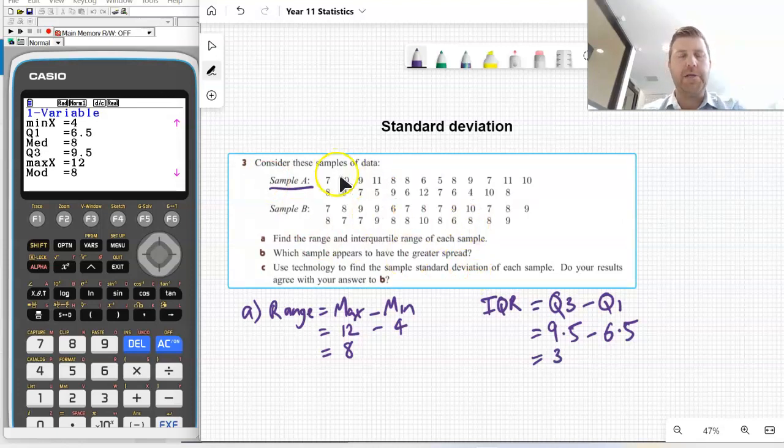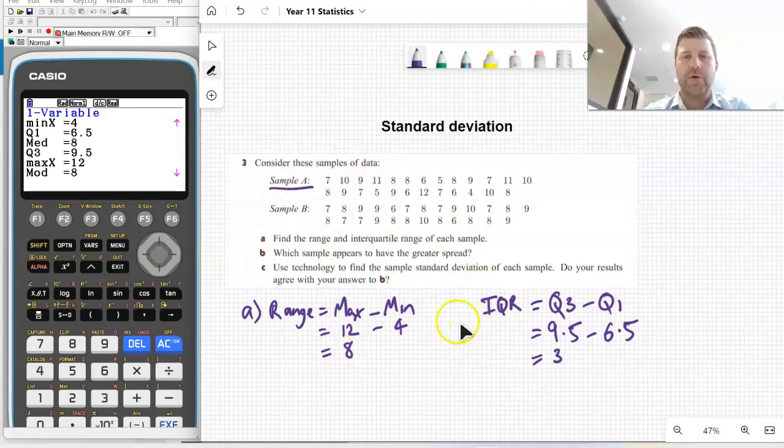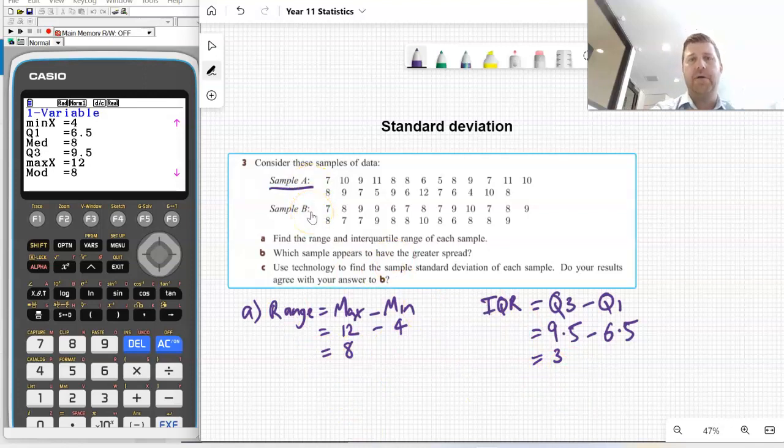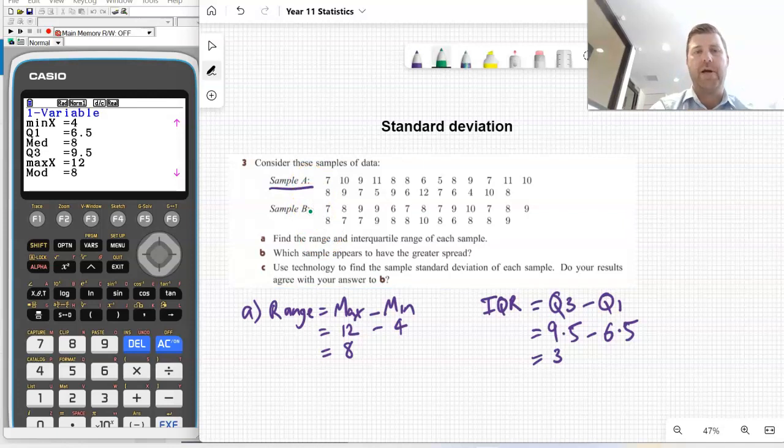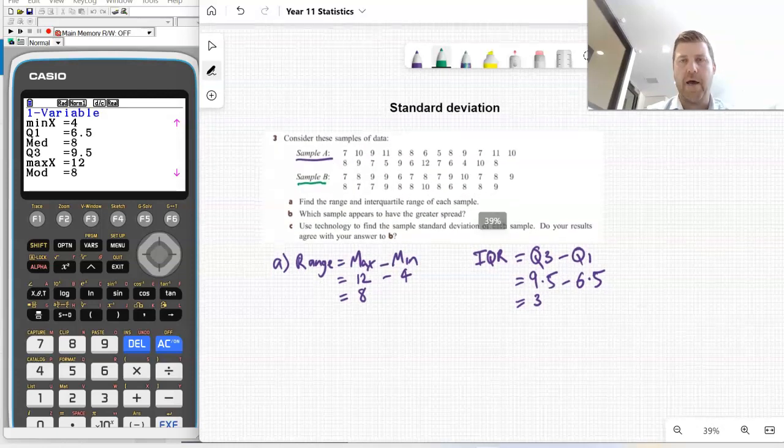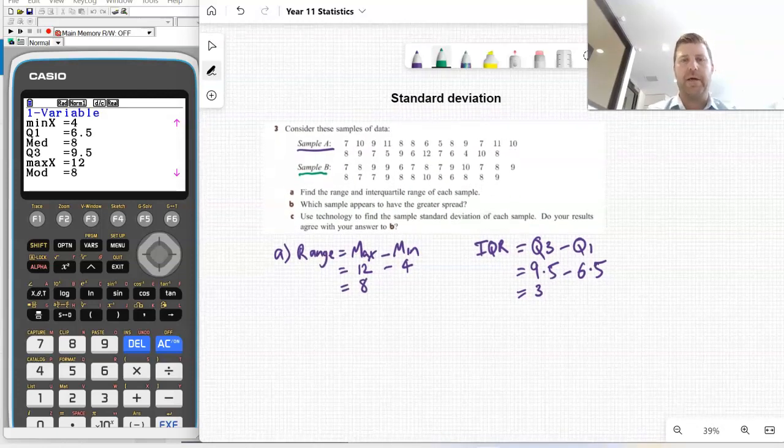We spoke about range and interquartile range and also using this as a way of comparing sets of data. So alone, 8 and 3 for a range and interquartile range doesn't mean much when I'm looking at sample A. But if I then compare that with the range and interquartile range for sample B, that helps me make a comparison.